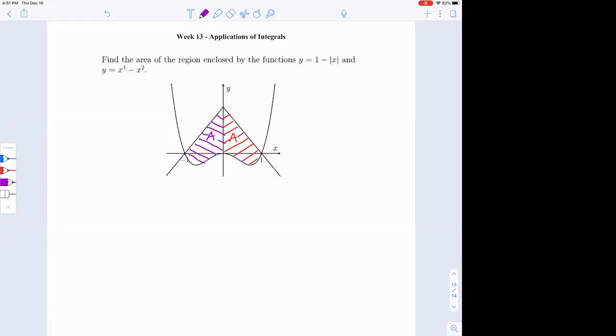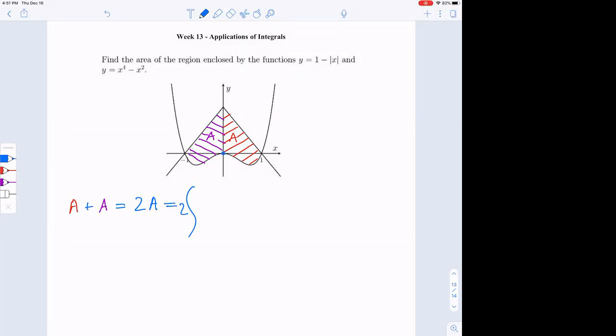So how about what we do to calculate our area is just say, I want 2 times area A, the area A in red plus the area A in purple, calculated as twice A. That way we only have to calculate the area for one side.